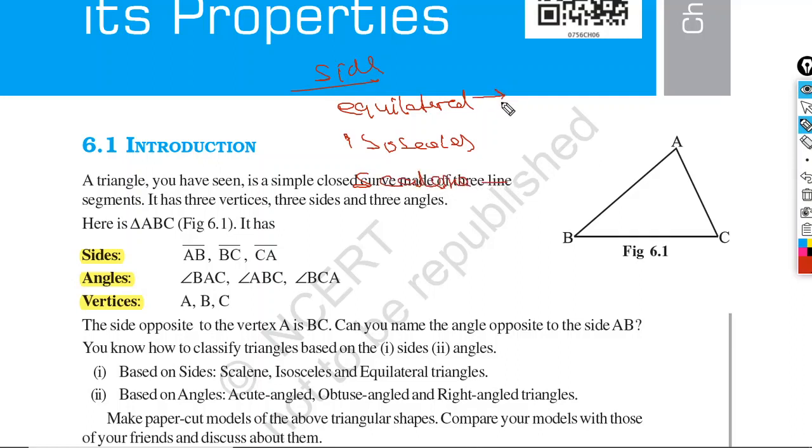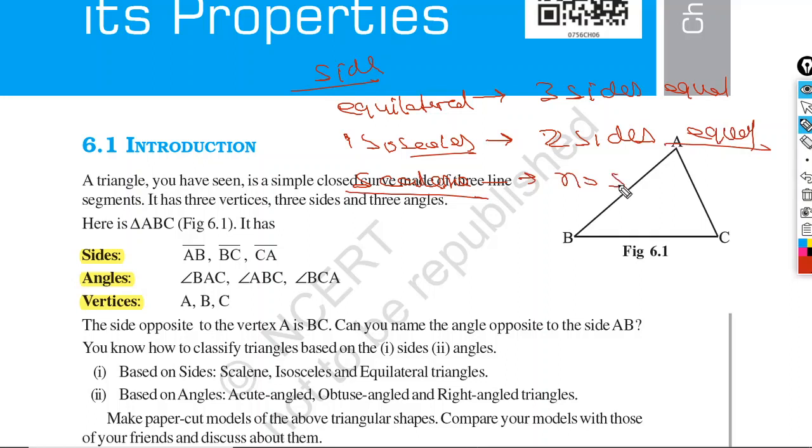Now what was equilateral? Here three sides were equal. Isosceles, what was isosceles? Here two sides are equal. Then scalene, there is no side equal.